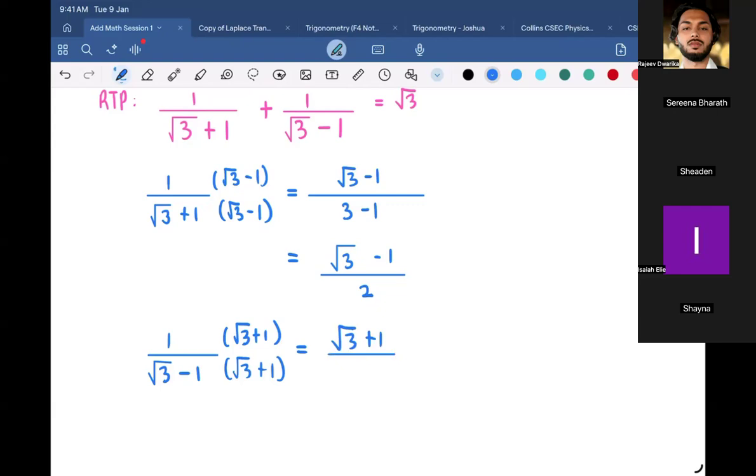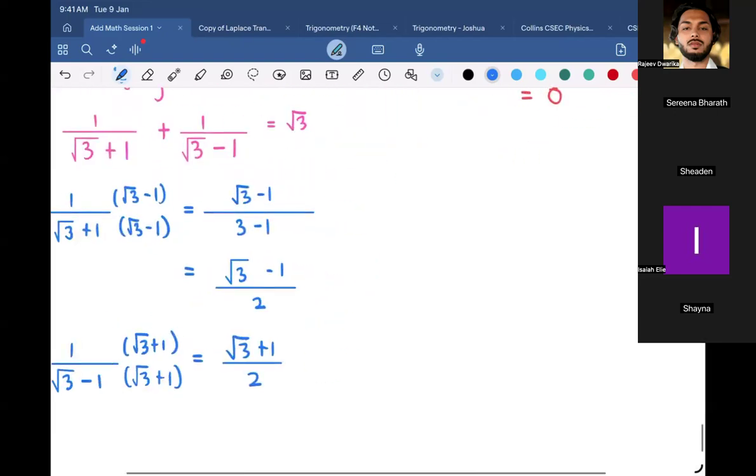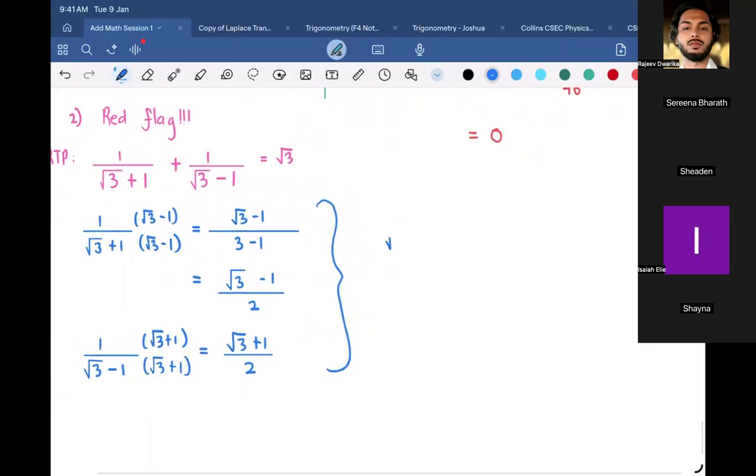Right, so now we have over 2 as well. Right, so now when we combine these two back, we are going to get root 3 minus 1 all over 2.